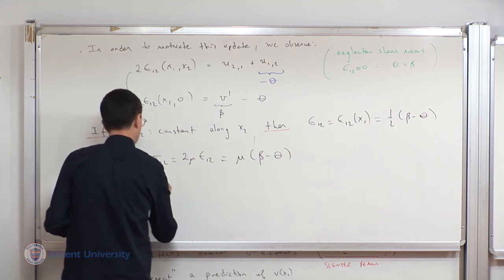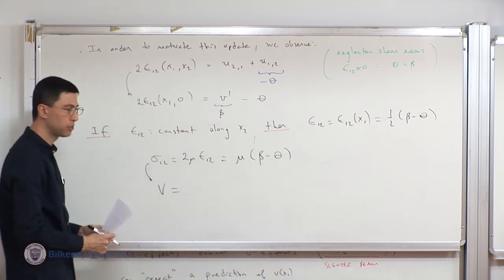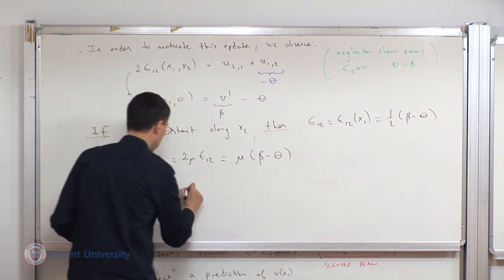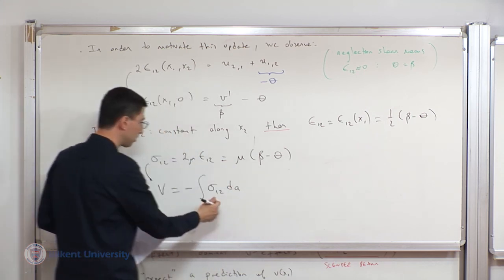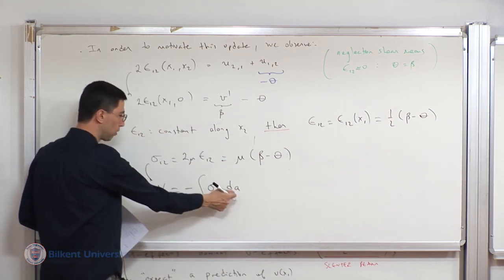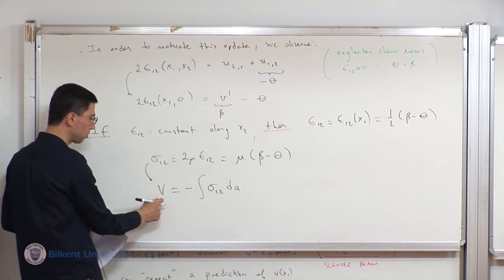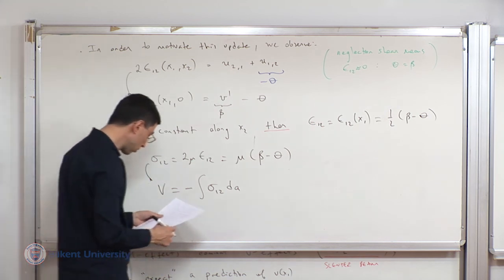And therefore, I can calculate the shear stress. I had written the expression last time, so I have to have a minus sign due to our conventions. So this is, of course, exact. Integration of the shear stress over the cross-sectional area with a minus sign is equal to the transverse shear force.